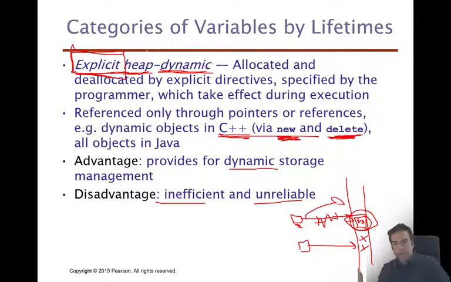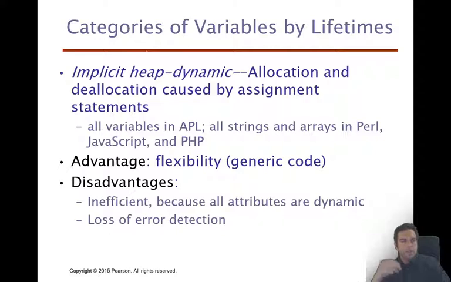If the framework or the system can take care of it for us, then there is some hope that the framework is better at this specific task, as long as all the constraints and rules are followed, than the human being would be. An example of a framework taking control of this completely would be implicit heap dynamic, where you don't say to go out and make something new, the framework figures out that it should.